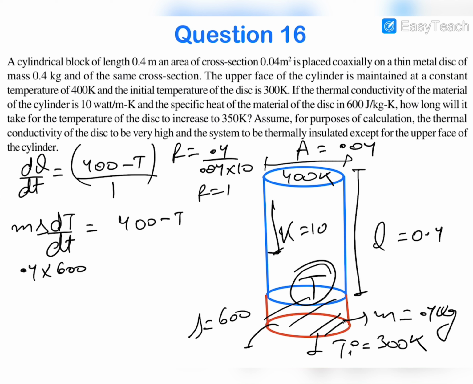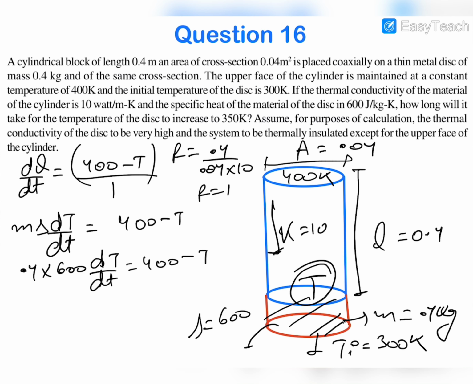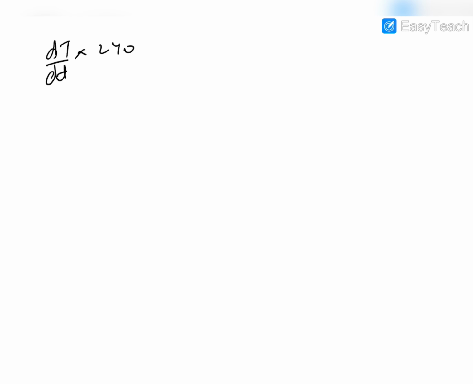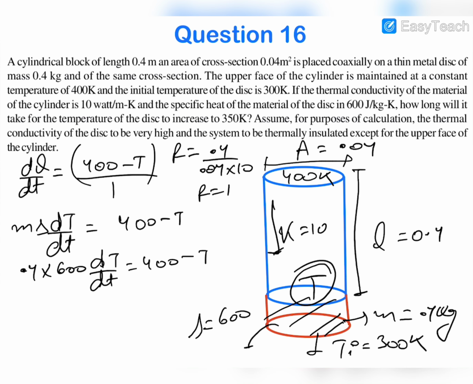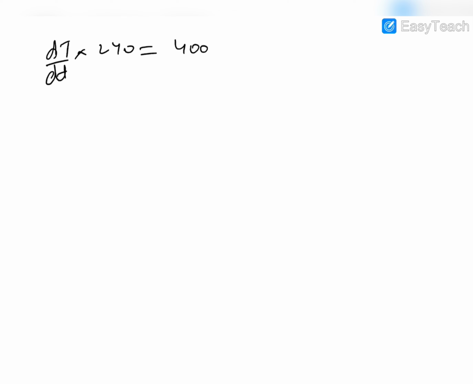So dT by dt into 240, because 6 into 4 is 24, into 10 is 240, is equal to 400 minus T, and dT upon 400 minus T is equal to dt upon 240.